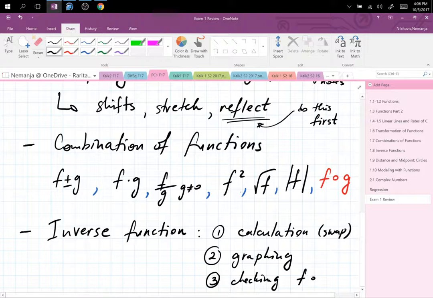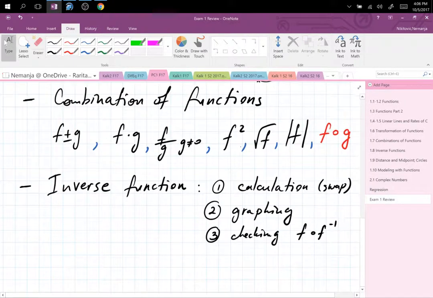Inverse function with f composed with the inverse. You already told me that you know what that is. And after inverse function, we have the 1.10 word problems.